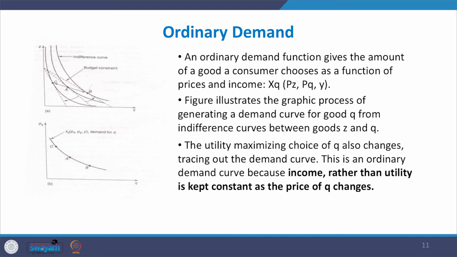So, A, B, C, these 3 points on the ordinary demand curve indicate the different levels of utility or different levels of welfare of the consumers. Point C shows the lowest level of welfare and point B shows the highest level of welfare, because here income is kept constant and utility is varying when the price of the product changes. So, this is the ordinary demand curve.